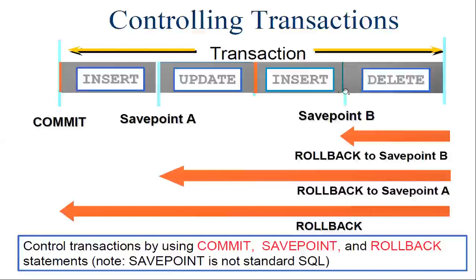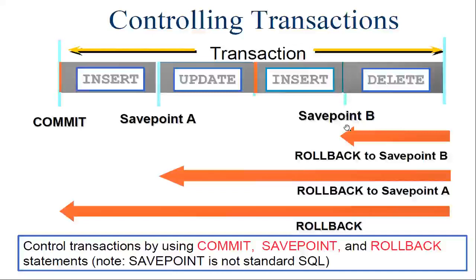So it is intermediate level: you are only cancelling the delete operation by invoking rollback to save point B. That means your transaction just goes back by one undo operation.